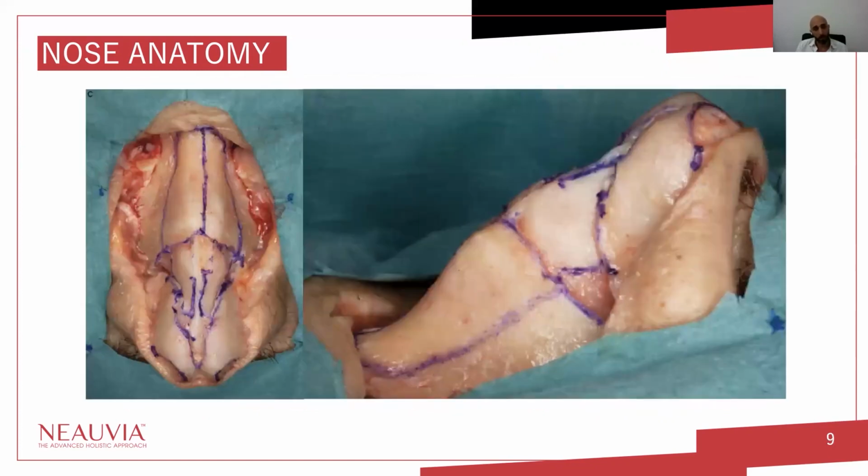It's important to know that the upper third of the nose is represented by the nasal bones, the middle third by the ULC, the so-called upper lateral cartilage, and the lower third by the LLC, lower lateral cartilage, that are divided into medial crura and lateral crura, connected thanks to the dome.